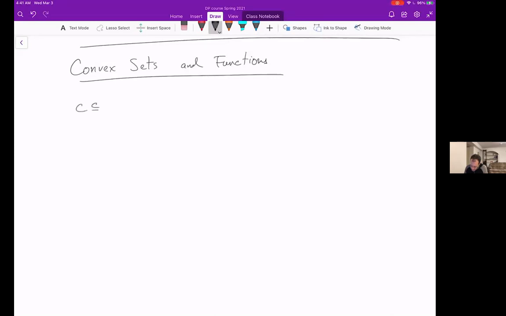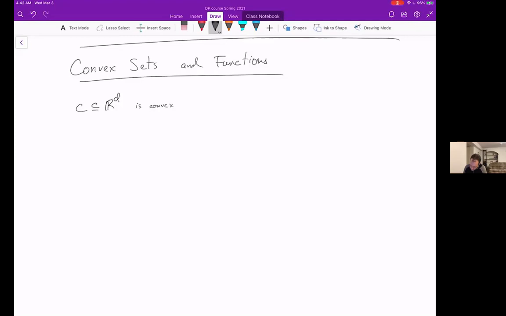A set C is convex if it has no holes or places where the angles are greater than 90 degrees.